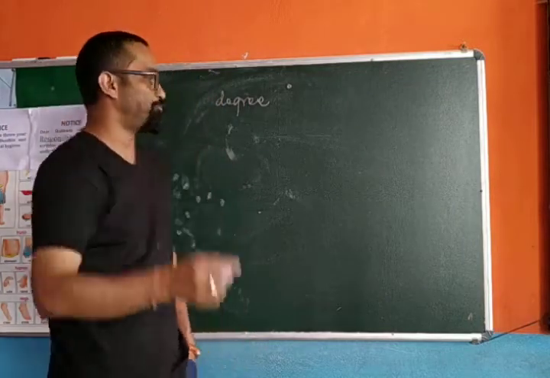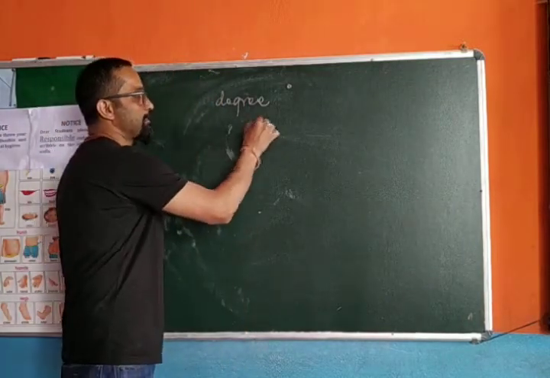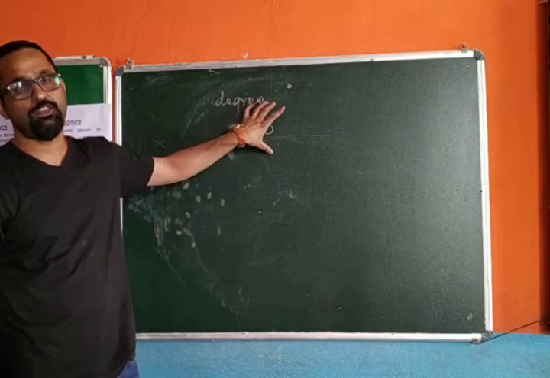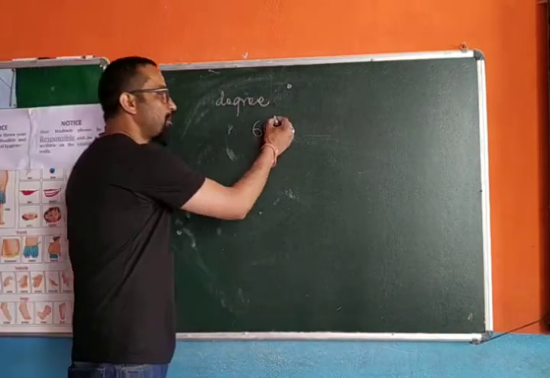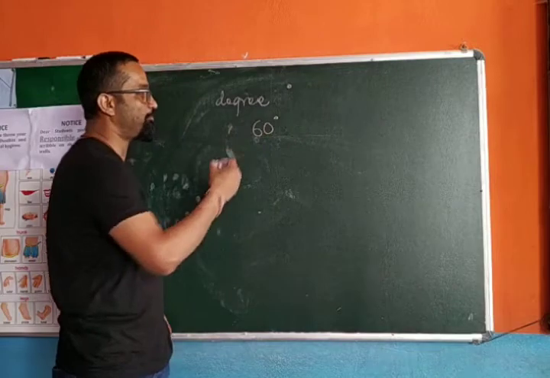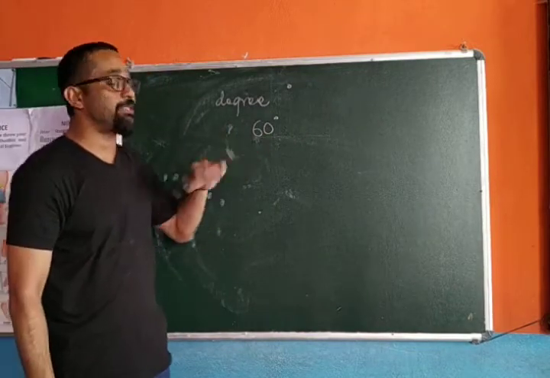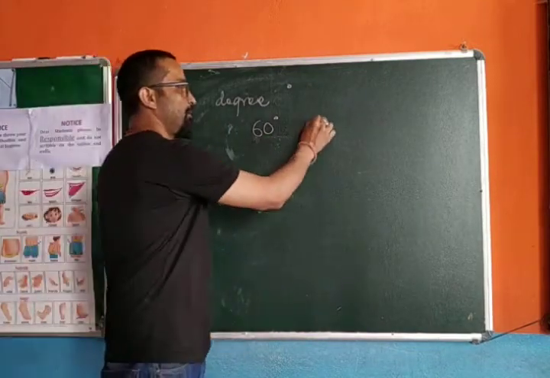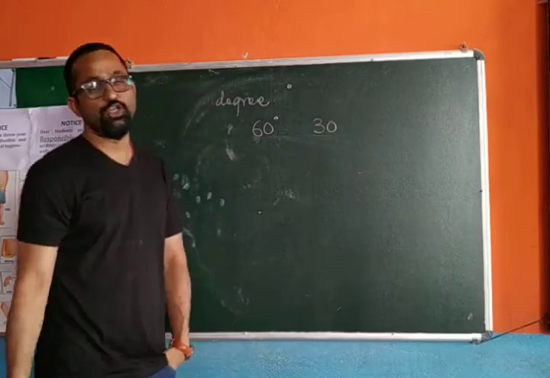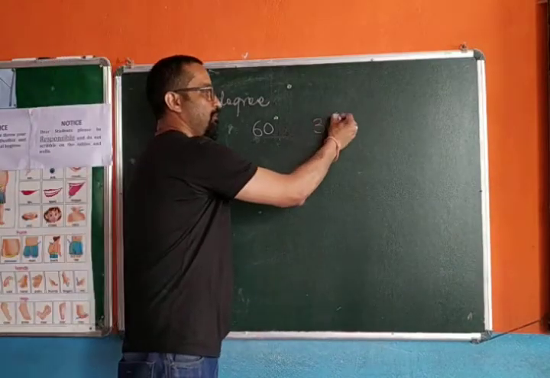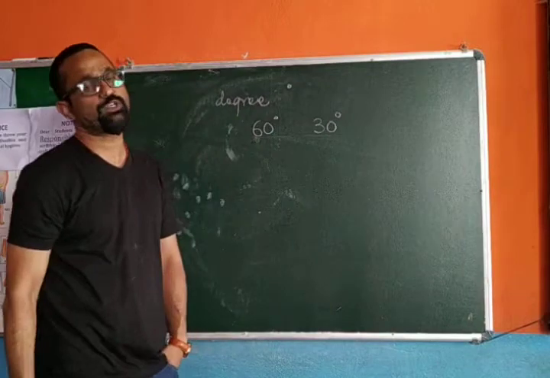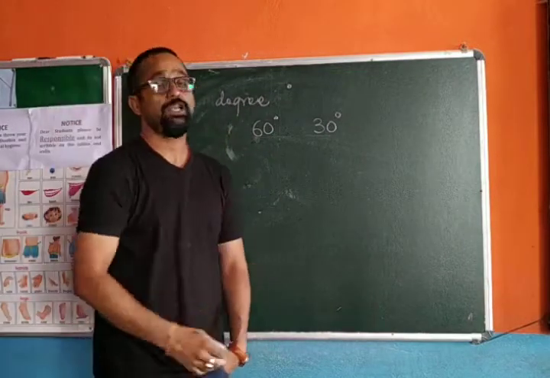Superscript means top. Suppose I write 60. This is a numeral, a number. If I put a small 0 at the top, I call it 60 degree. 30 is a numeral. Put 0 at the superscript. We read it as 30 degree.